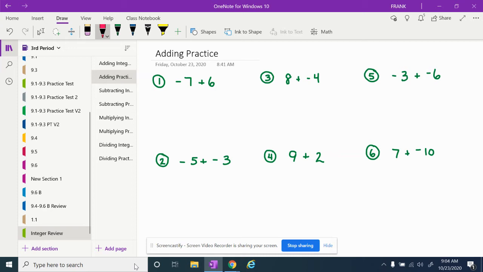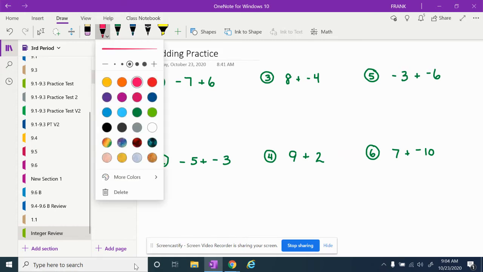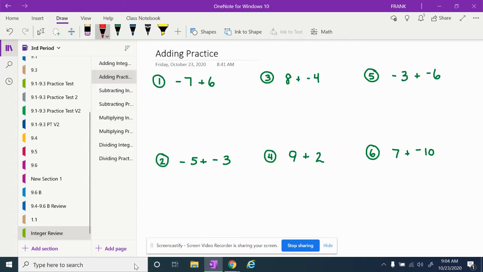For all of these, I'm not going to do the visual clues, but I am going to do the visual clues for a couple. So let's look at -7. So if I have -7, I have 1, 2, 3, 4, 5, 6, 7. And then it says you're going to add to it 6 positives. So 1, 2, 3, 4, 5, 6.